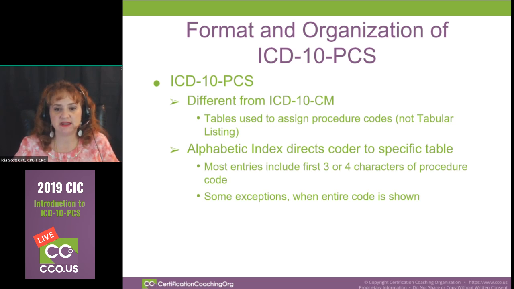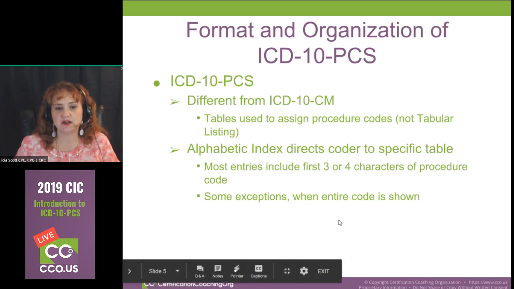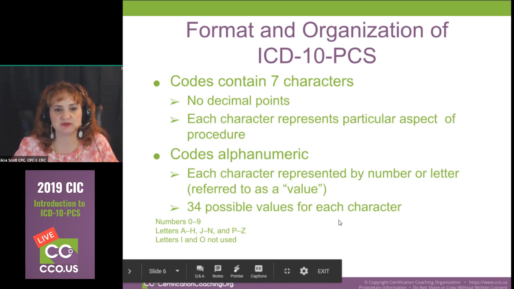The alphabetic index is going to only cover the first 3 or 4 characters of your multiple character PCS code. So the first 3 characters or the first 4 characters will be given to you. Then you go to that, you find that table, and then you can just go down the drop down in the table and fill in the blank. Now, there are some exceptions where you'll see the entire code listed in the index, but again, that's rare, and it ends up being very commonly used codes.